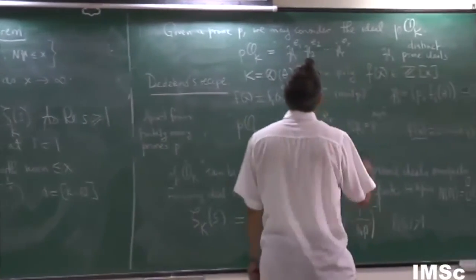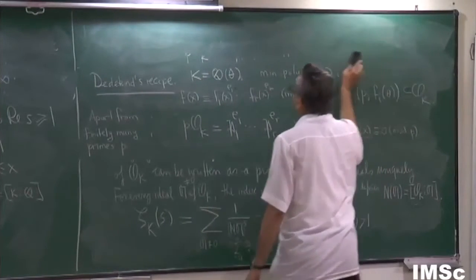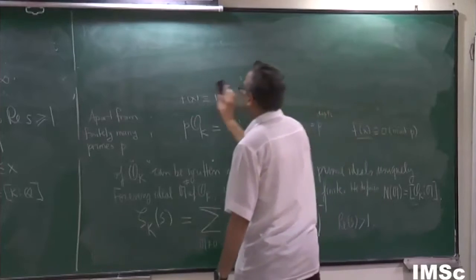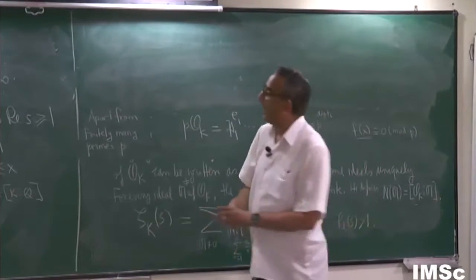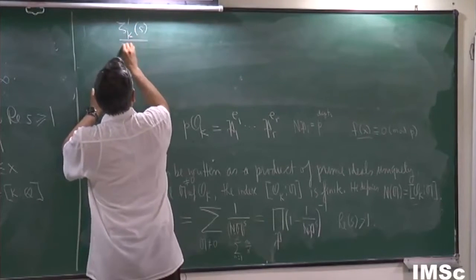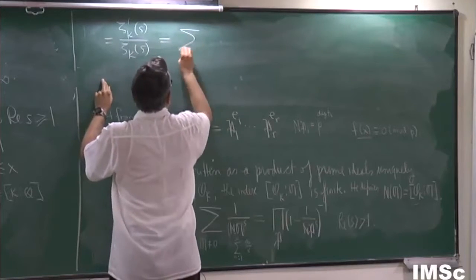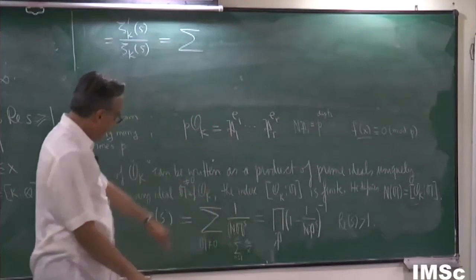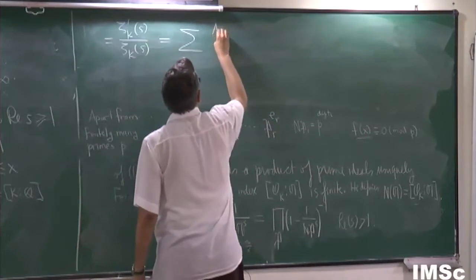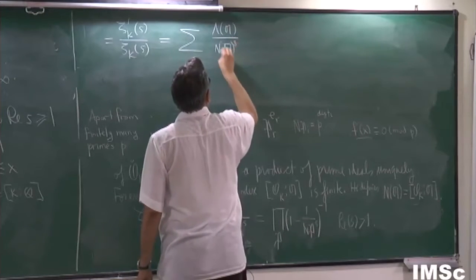Now the question is, before you apply the Tauberian theorem, what do we want to apply it to? Well, we want to apply it to zeta_K prime over zeta_K of s, right? When you look at it, it's the usual logarithmic derivative, and you'll have an analog of the von Mangoldt function.